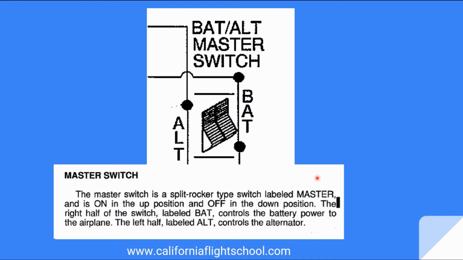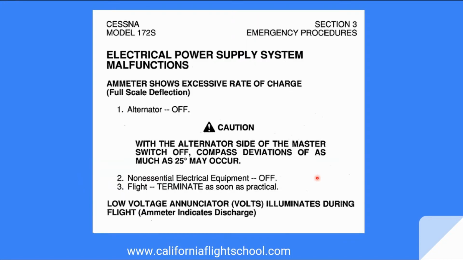And so I guess one question might be, how do you know that that alternator relay is actually working without switching the engine on? I guess possibly something like that might come up. And you have electrical power supply malfunctions that could be for different systems that are installed in your airplane.